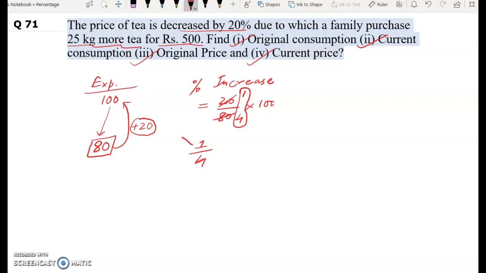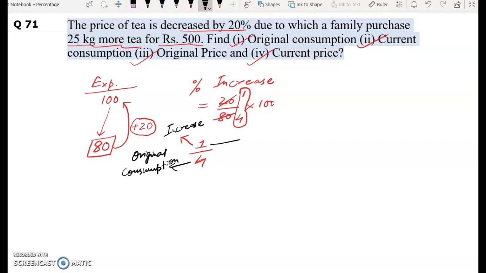Now this 1 represents what? This represents increase. And this 4 represents original consumption. Original consumption was 4 units and the increase was 1 unit.